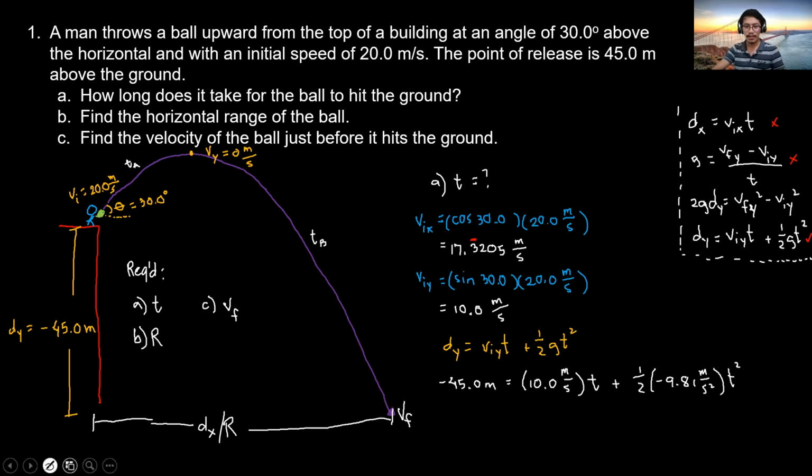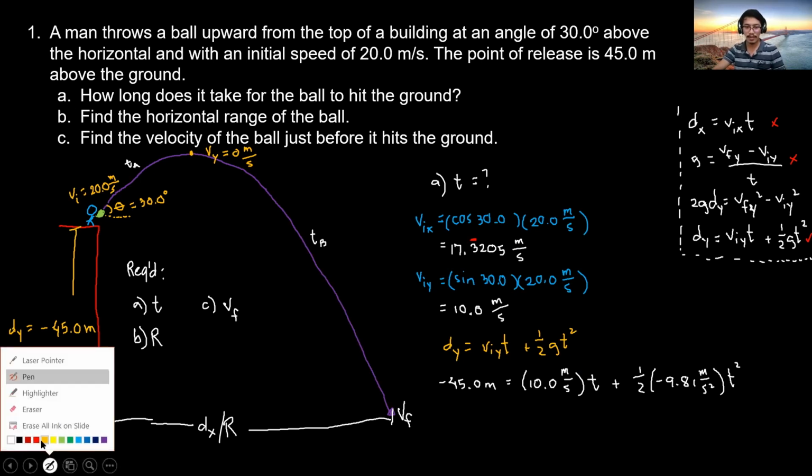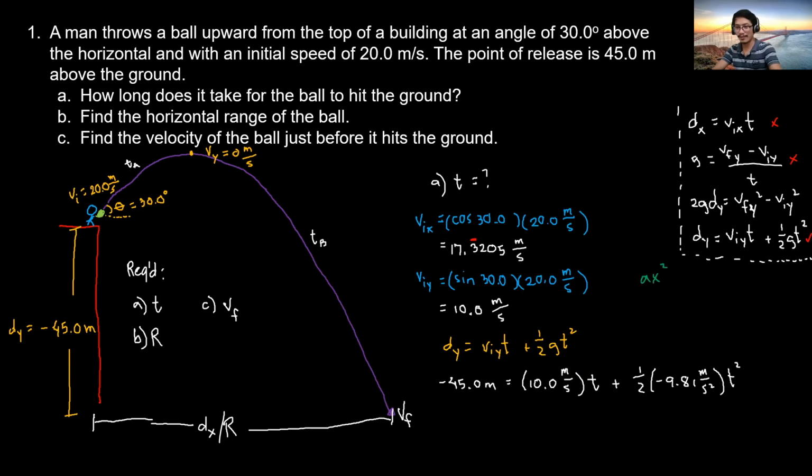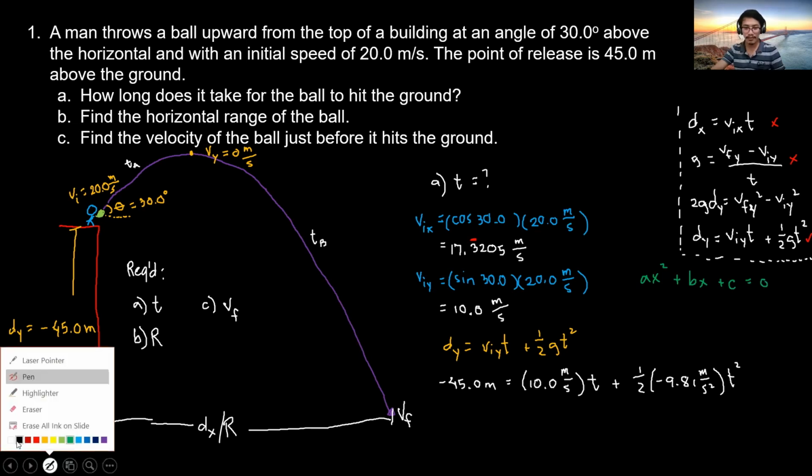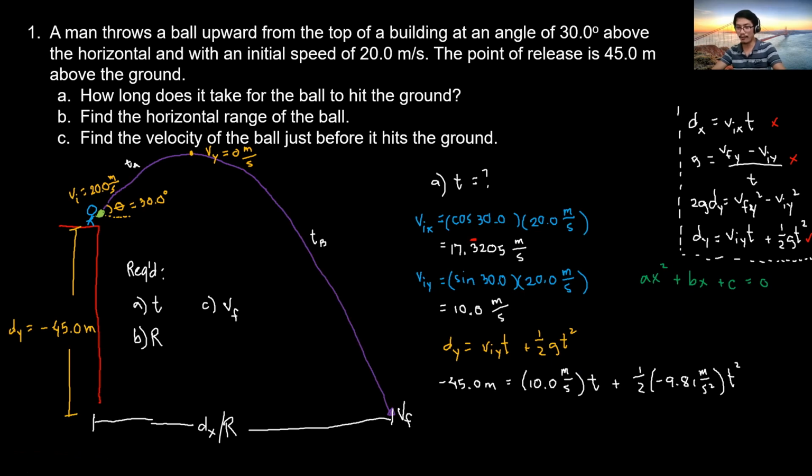Di ba ang standard form sa quadratic equation? Ano man itong standard form sa quadratic equation? A x squared plus bx plus c equals 0. Tama? So, transpose natin siya, i-convert natin siya into standard form. So, that will become 0.